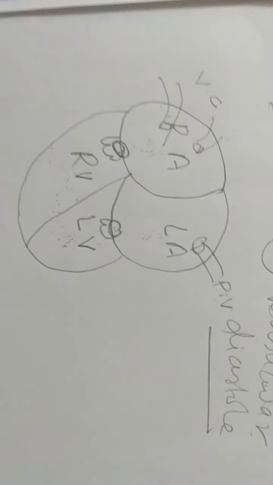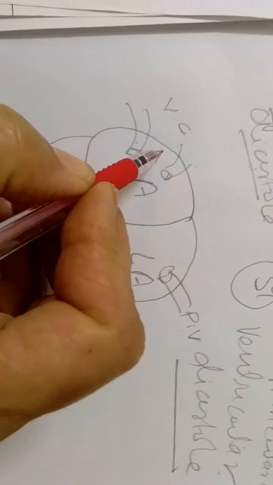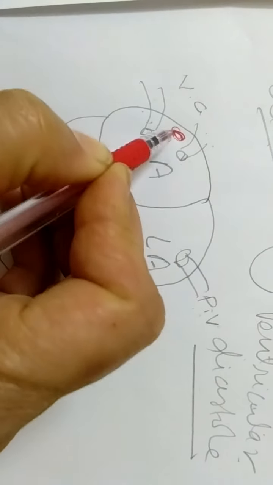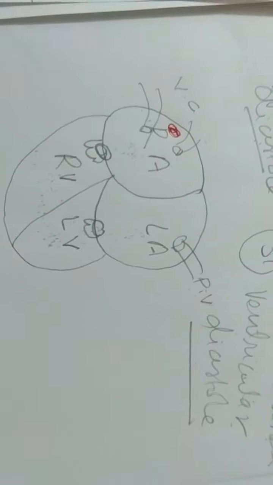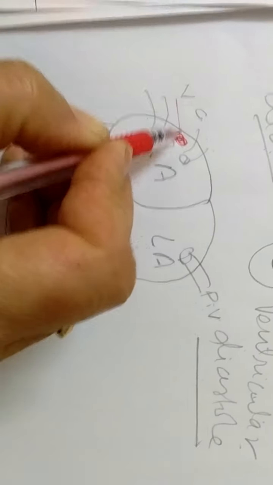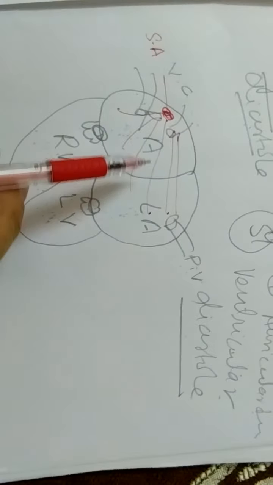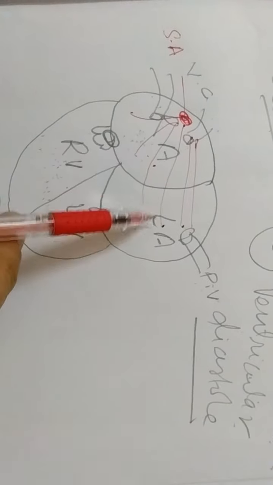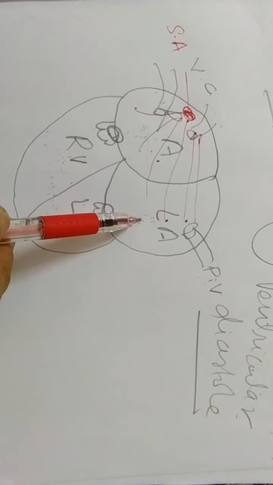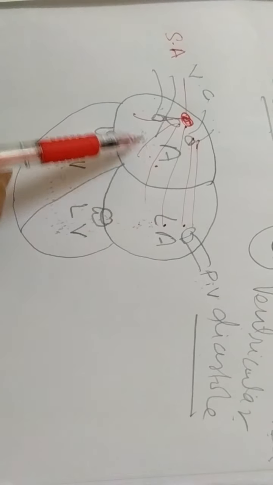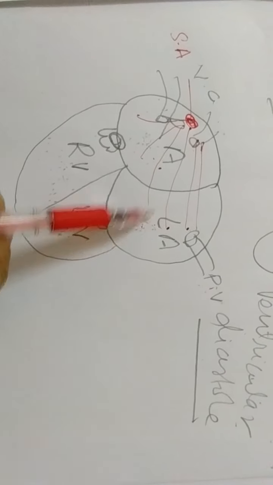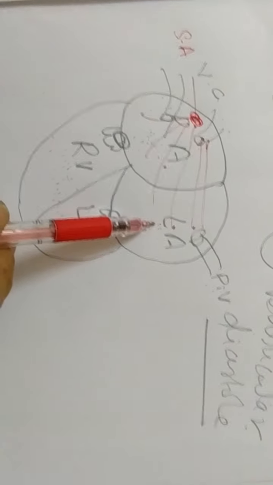Auricular systole means what happens: in the upper right portion of the auricle there is a sino-auricular node. It is a myogenic heart, and this is a muscular patch from where the action potential, the cardiac impulse, is generated, which spreads to both the auricles. So the auricles now come under contraction, or auricular systole starts.